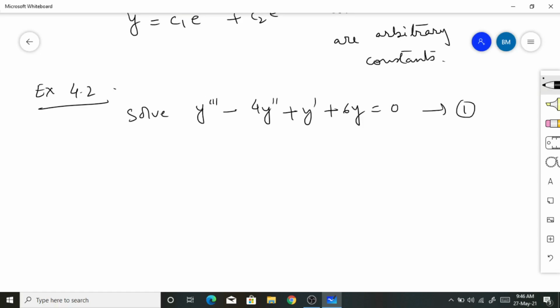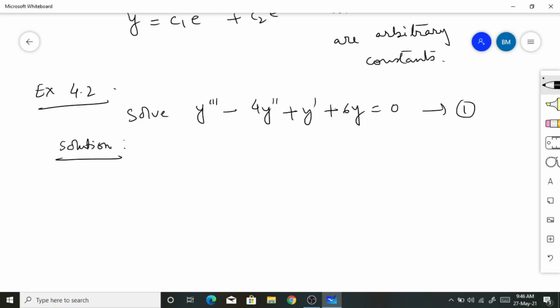As we have already learned how to get the auxiliary equation, we shall immediately write it from the given equation. To get that, I have to replace the various order derivatives of y by the corresponding power of m. So here the third order derivative of y needs to be replaced by m cube.